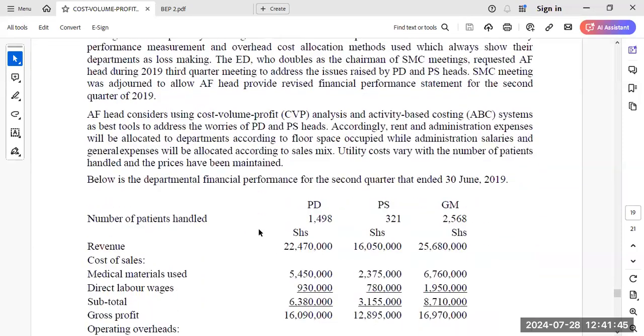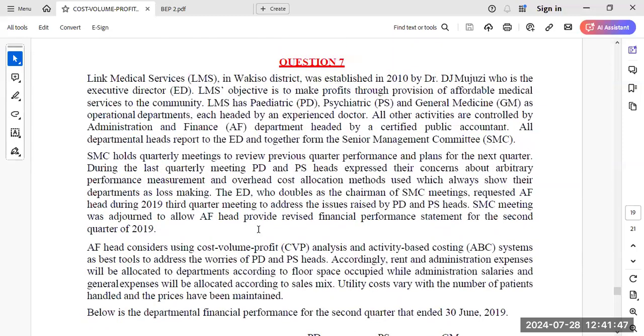We can read through the case study very fast. They are telling us that LMS is in Wakiso district, established in 2010 by this person who is ED. The company's objective is to make profits through provision of affordable medical services to the community.